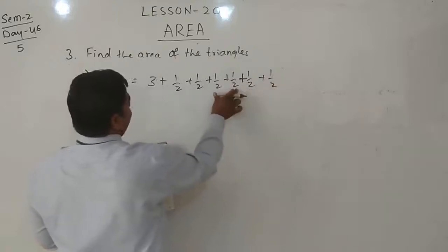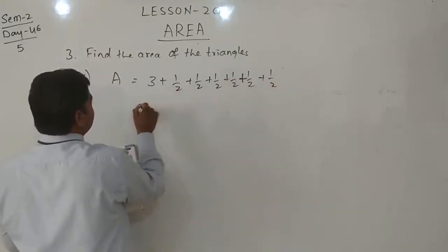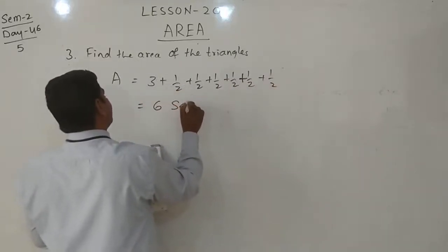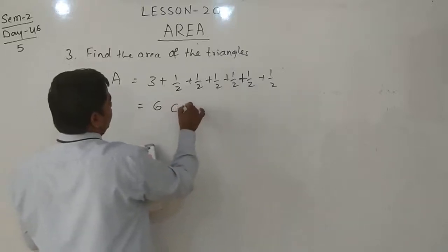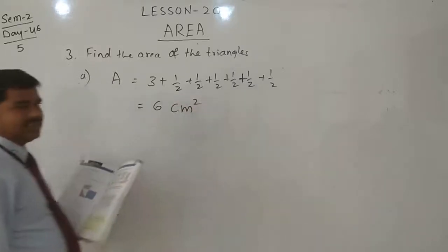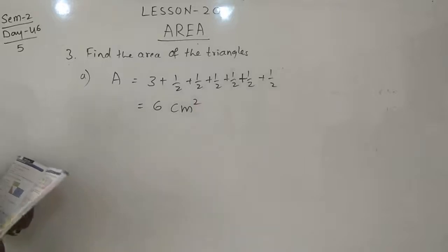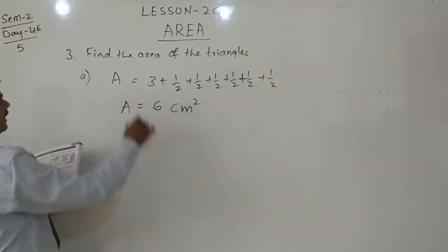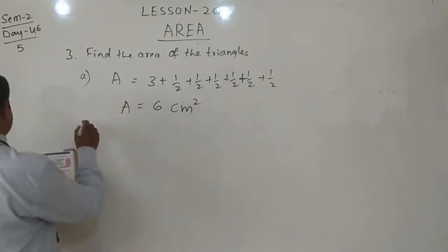This is 1, 2, 3. 3 plus 3, this is 6 square units. Square units means 1 square is equal to 1 centimeter square. Then 6 centimeter square is the area of triangle A.